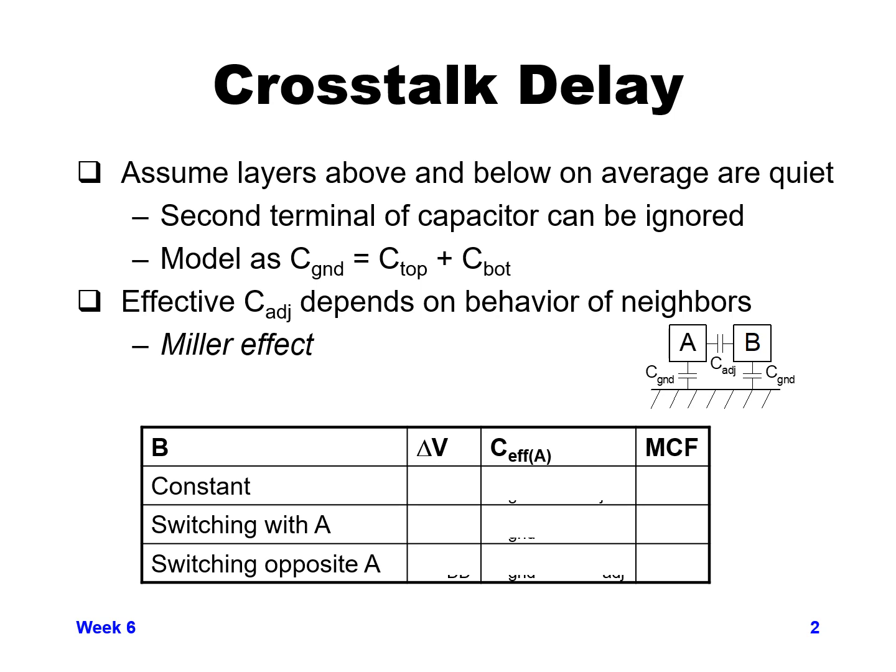So if we're looking at signal B, and we say signal B is constant, how does that affect signal A if signal A is switching? If signal A switches between 0 and VDD, the delta in voltage between A and B is a delta of VDD.